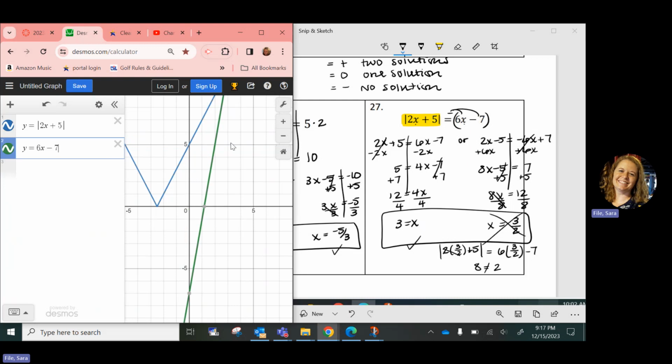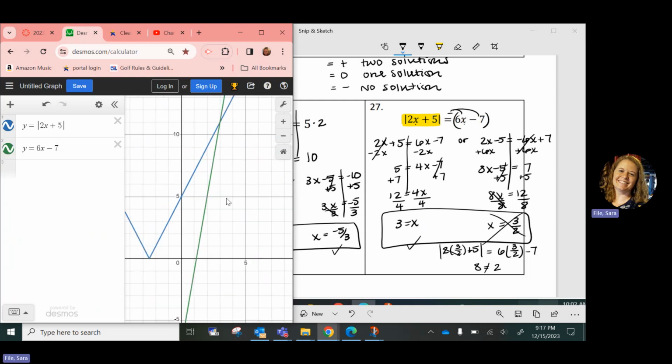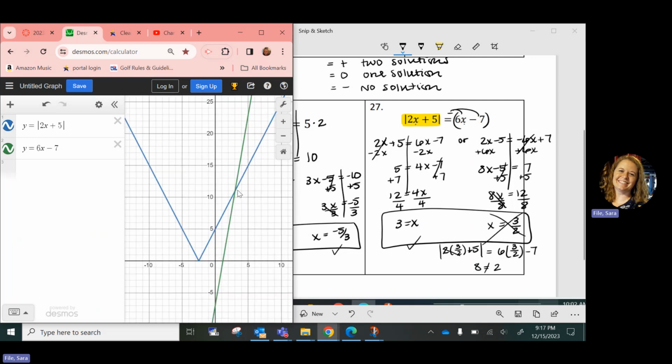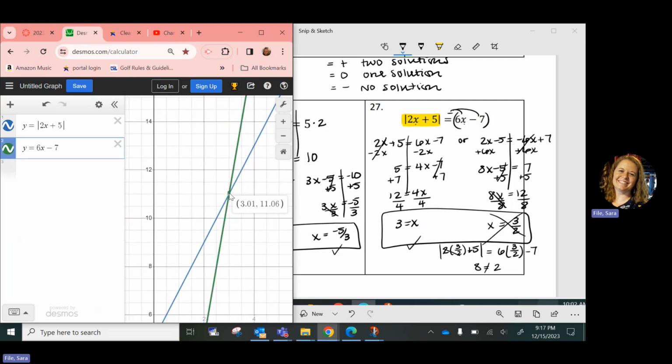So we're looking for where these intersect. Now you'll notice those only intersect one time. Okay, so when we algebraically came up with two solutions and checked them, one was extraneous, it didn't work. So the point where those actually do intersect is where x is 3. Notice we got x is 3.